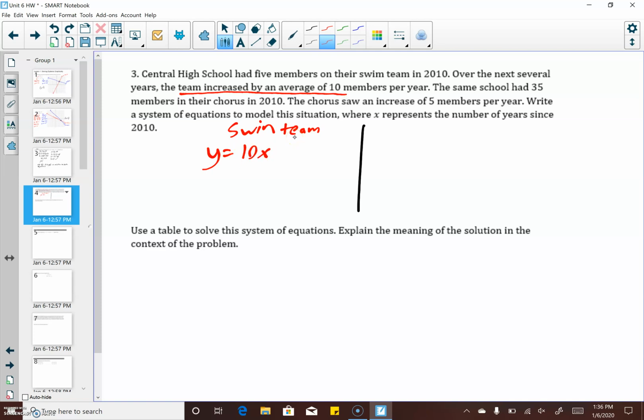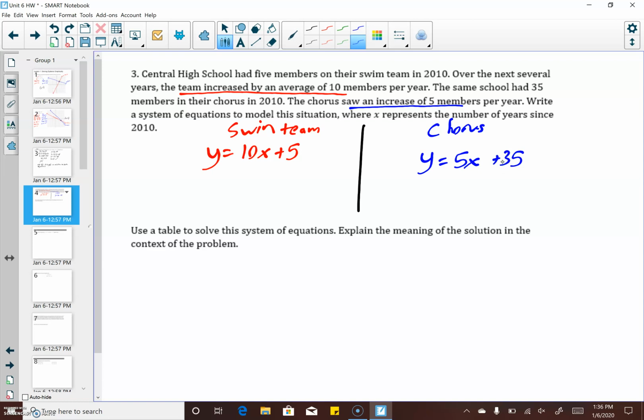So y equals 10 members per year times the number of years, plus the 5 people that they started with. The chorus, on the other hand, again, we're still going to use y equals because it's still going to be the total. Y equals, well, they saw an increase of 5 members per year, but they started with 35 people.